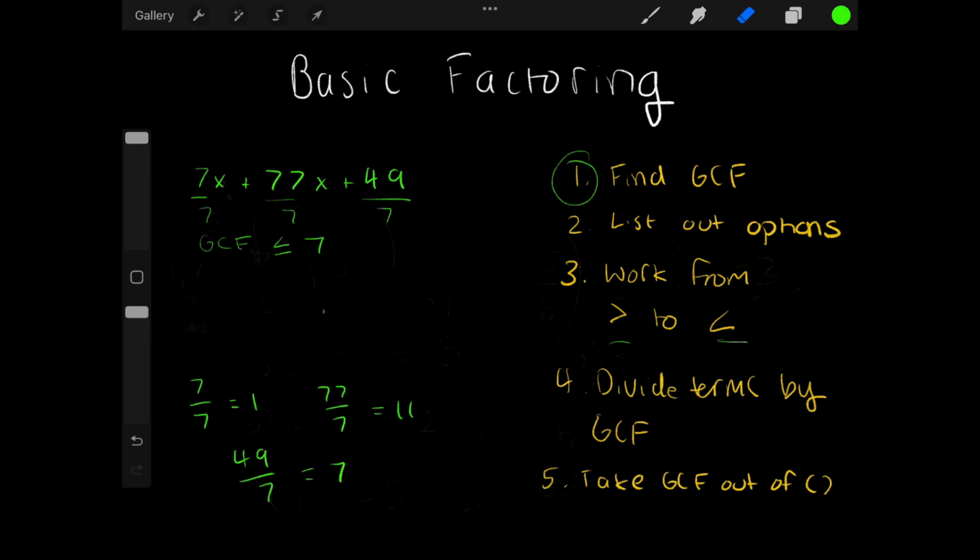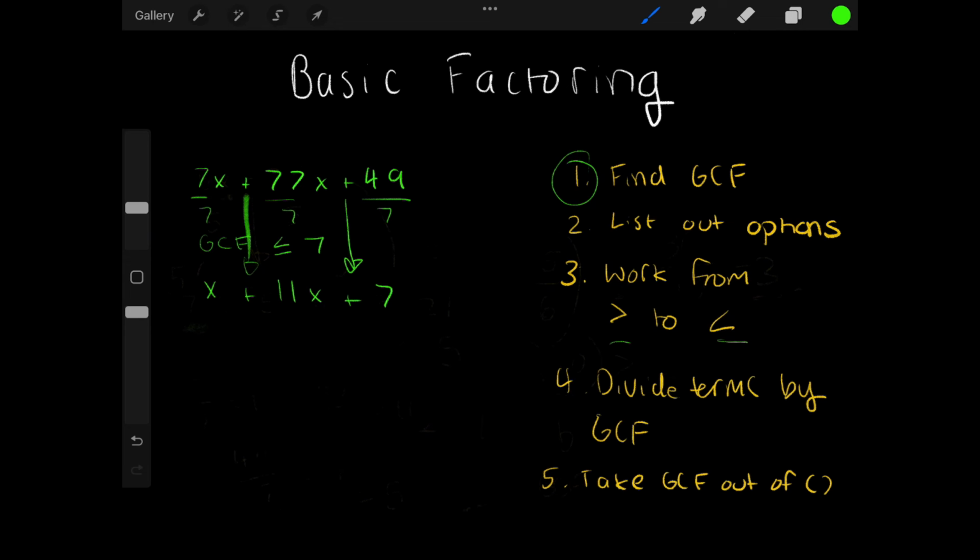Now that we have our GCF, remember it's super duper easy from here. We're just going to take that expression, so x, drop that down, plus 11x plus 7. We're going to put that in parentheses, and then we're just going to take our GCF out. So we're going to take the 7, which is our GCF, out. Now, if you notice something, we have an x and an 11x in our parentheses.